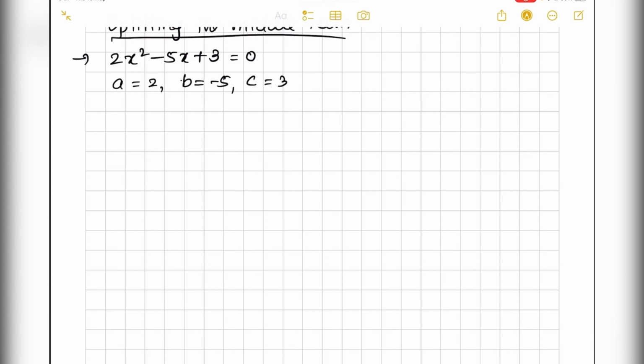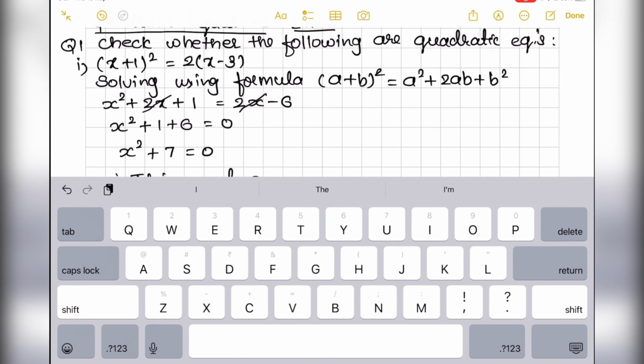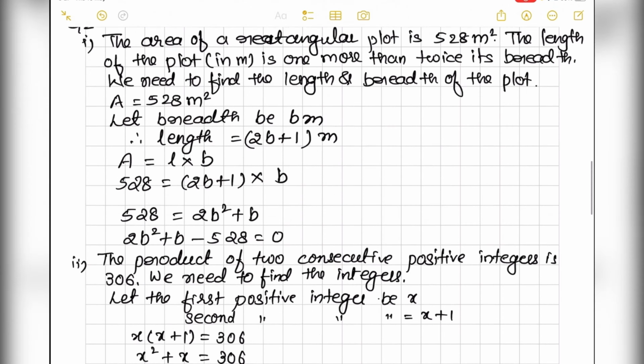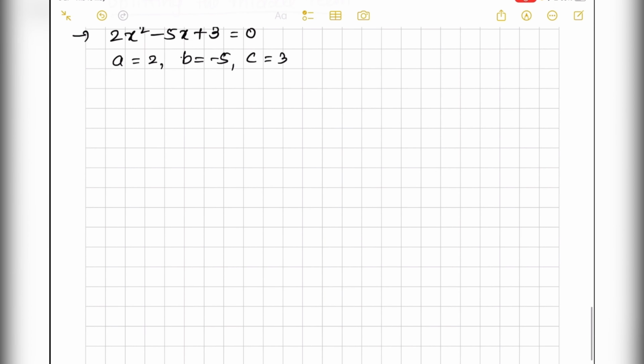I have to multiply AC. So the product will be AC, which is equal to 2 into 3, that is 6. Now I have to find factors of 6 such that the sum comes as 5. So 1 and 6 are factors, 2 and 3 are factors. So 2 and 3, if I add them, I get 5.